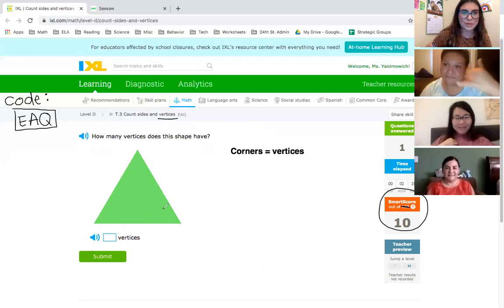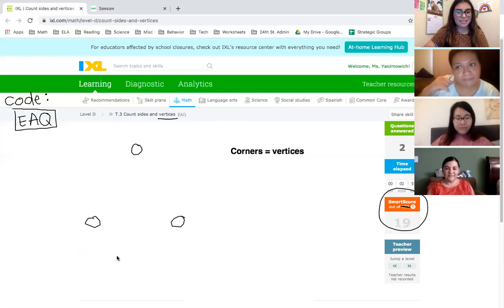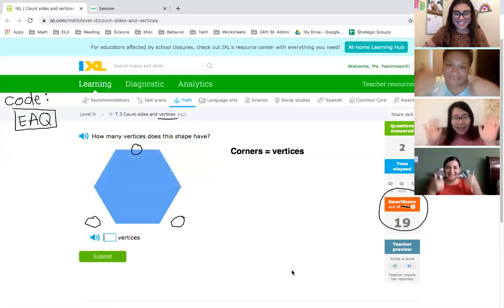And where do you see those corners? I see one on the top, and the other one on the left bottom, and then the right bottom. Perfect. And remember, corners are when 2 sides meet. So just look at where there are 2 sides and they connect. And that's where you can see the vertices or the corners. Right. So we have 1, 2, 3, and let's plug that in and let's see what we get. Great job, Ms. T. Awesome.